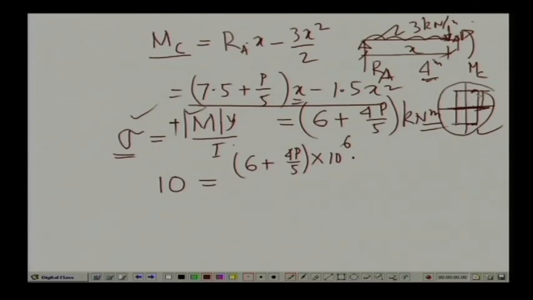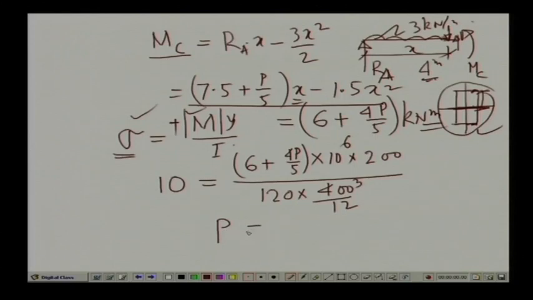So, this distance is 200 because the total depth is 400, divided by the moment of inertia, which is 120 times 400 cube by 12. So, M y by I is equal to stress. From this, if we compute the value of P, we get P as 32.5 kilonewton.